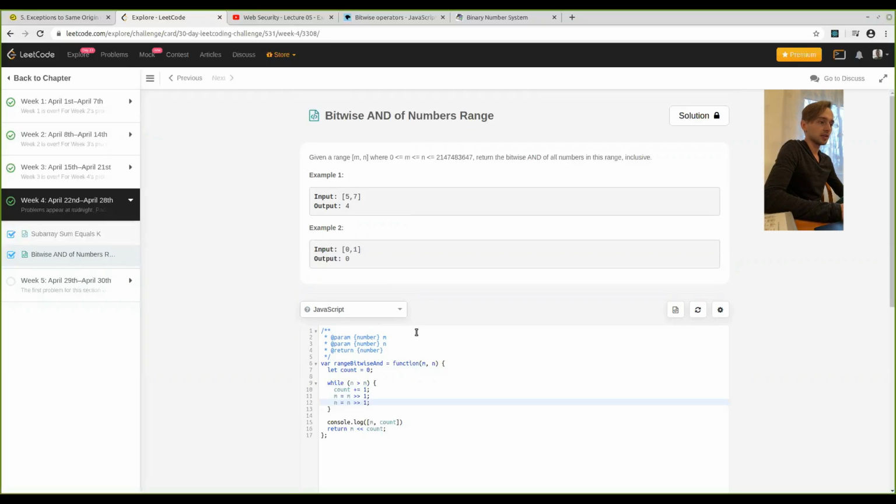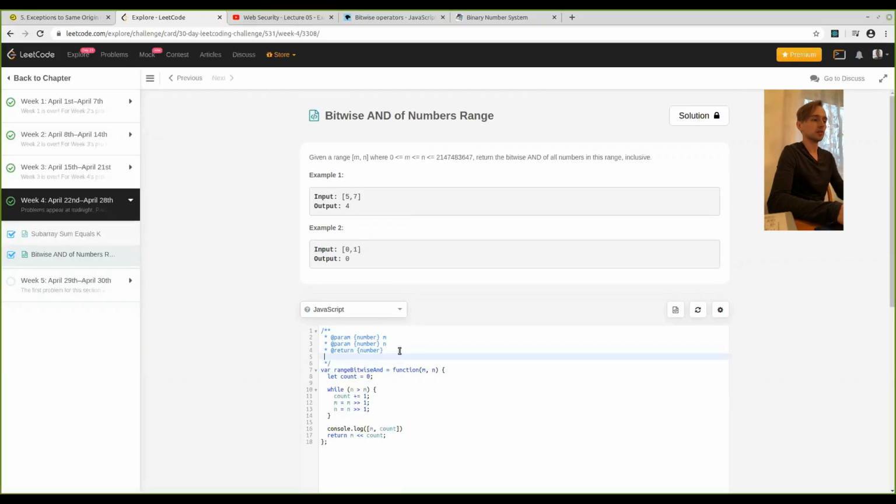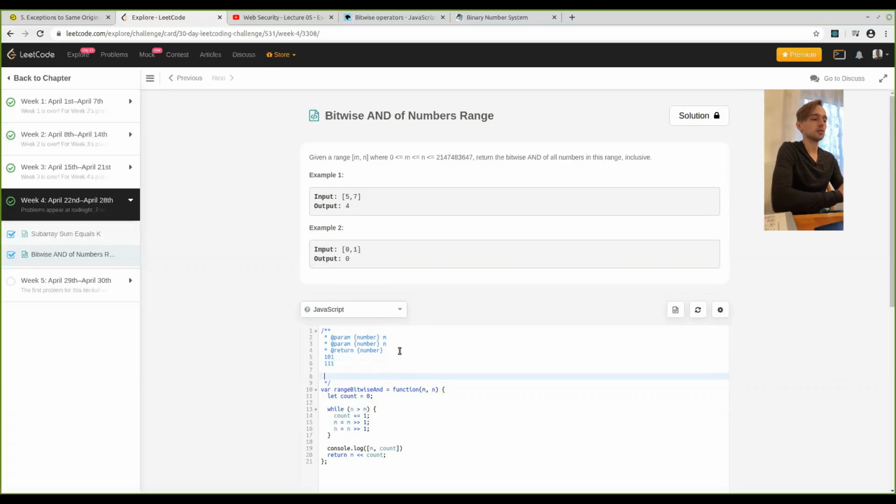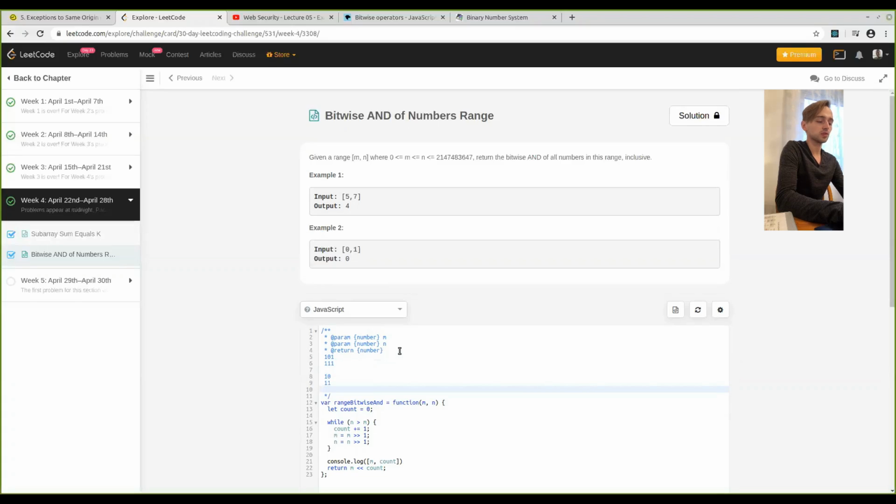So what we can do instead is think about shifting bits to the right to find where m and n have a common prefix. If we look at the example of 5 and 7, 5 is 101 and 7 is 111. If we shift each by 1, we'll get 10 and 11, still not equal, and then we get 1 and 1, so they're equal.